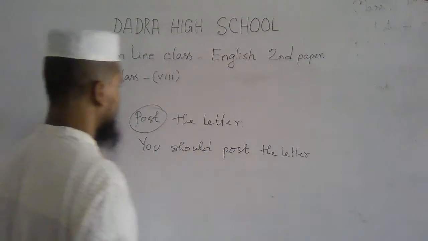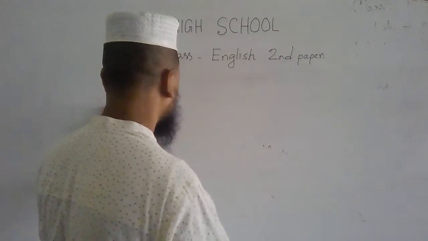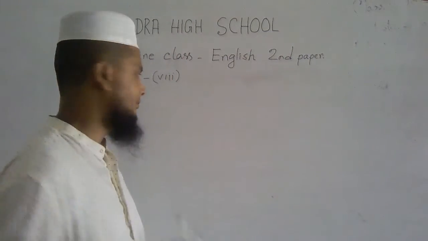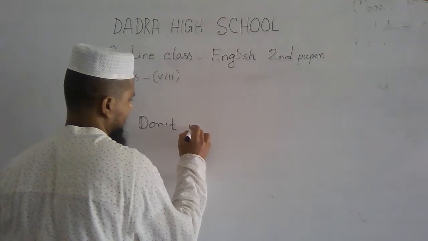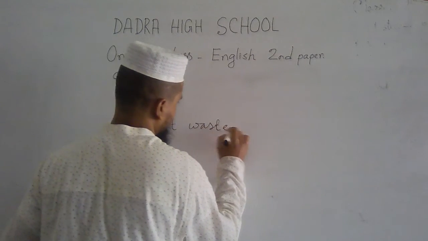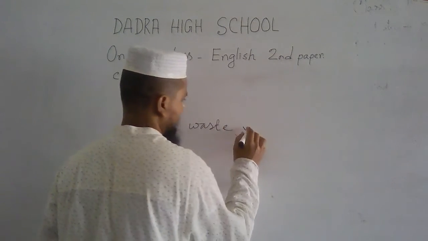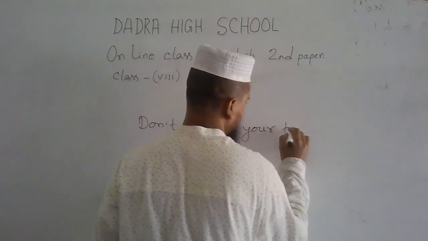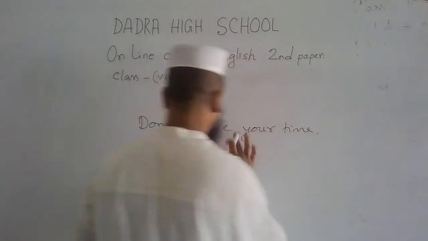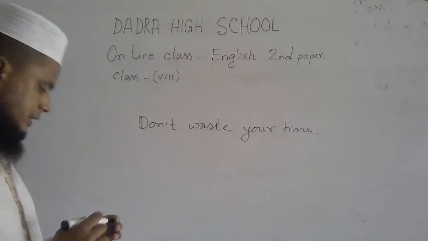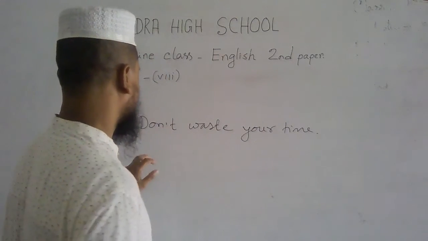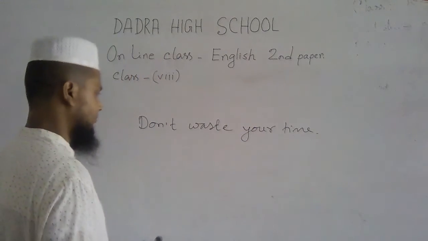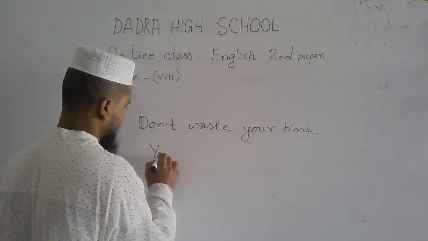Next, if the sentence starts with don't or never. Suppose, don't waste your time. This is an imperative sentence, and this sentence starts with don't. In that case, you have to take you should not.